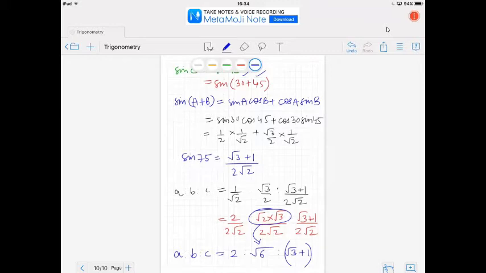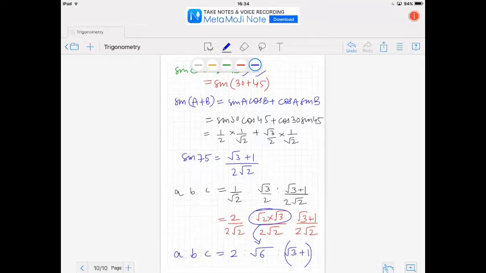So we will look at one more question for sine rule. So the next question is, we have to prove that in triangle ABC, sine of (B minus C) by 2 is equal to (b minus c) divided by a into cos A by 2.